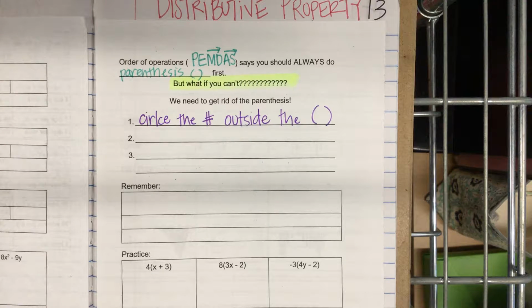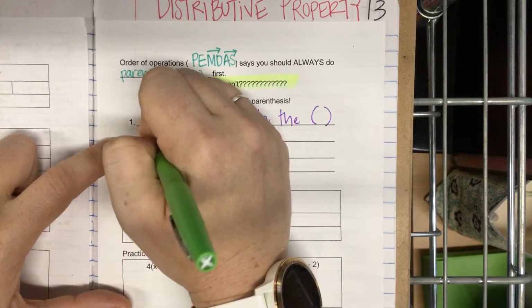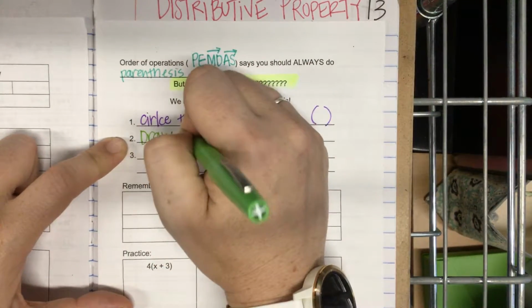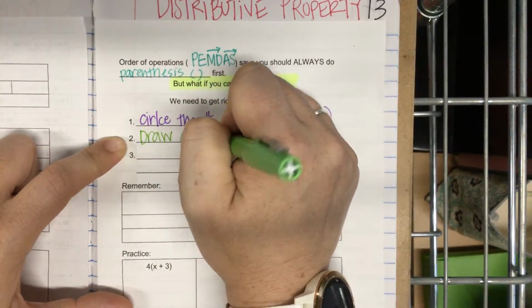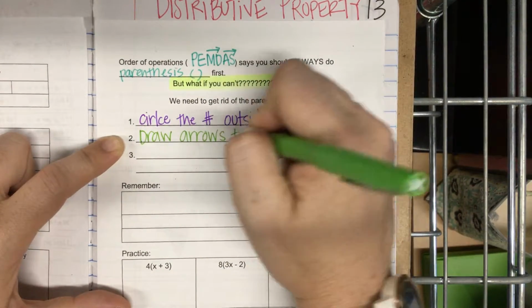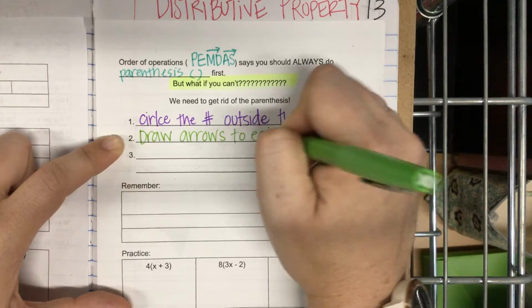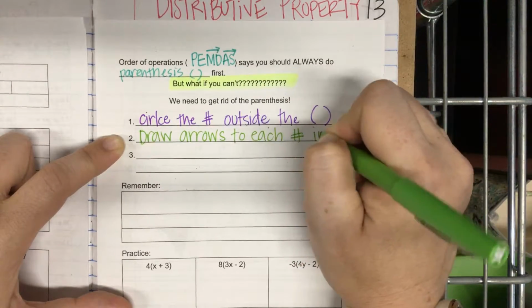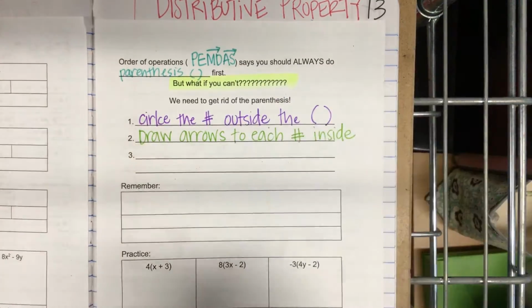Step 2. Draw arrows to each number inside. You're going to circle the number on the outside, and you're going to draw arrows inside.